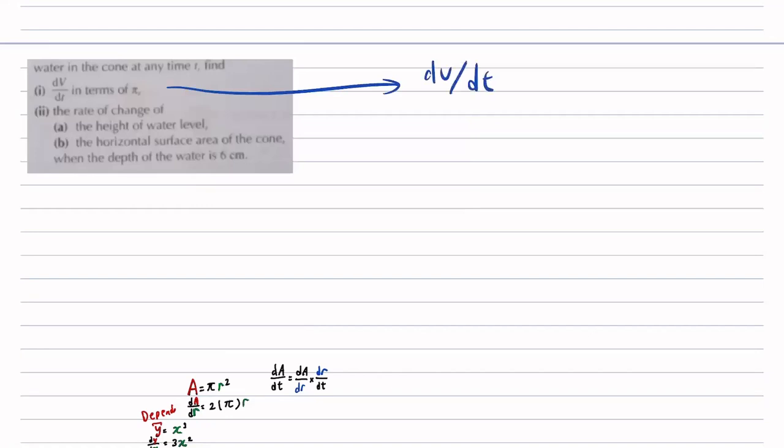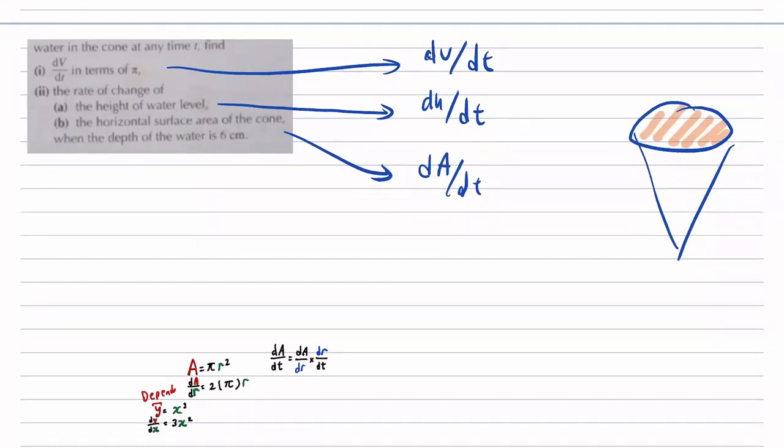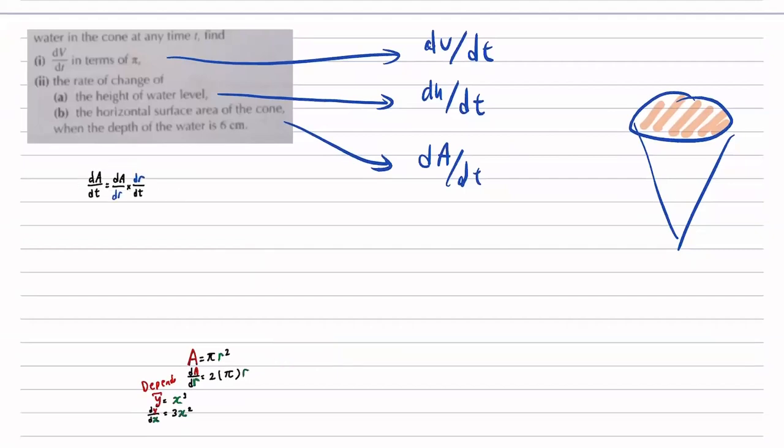dv by dt is found from part 1. Part 2, part A, dh by dt was found instead. Part B asks us to find dA by dt, where A is the horizontal surface area of the cone. So we start with dA by dt.